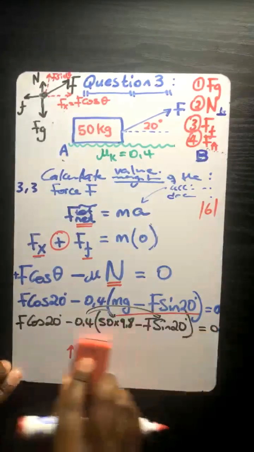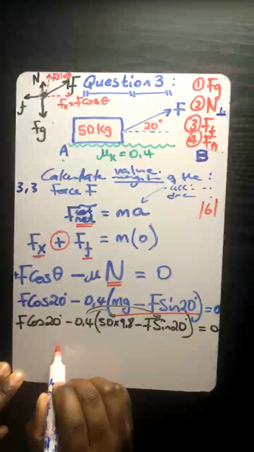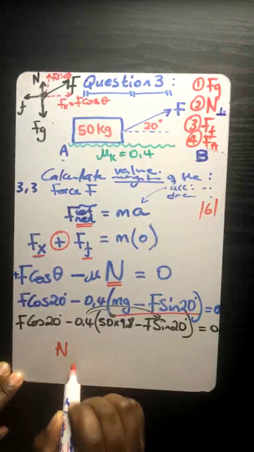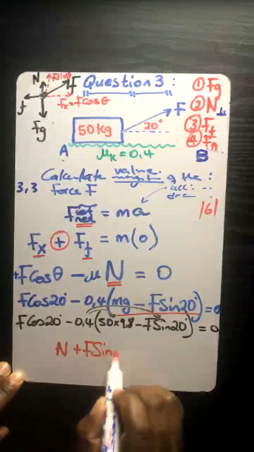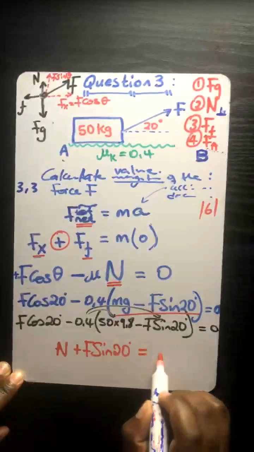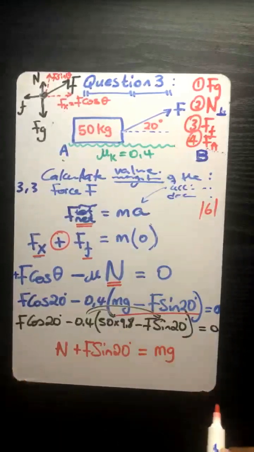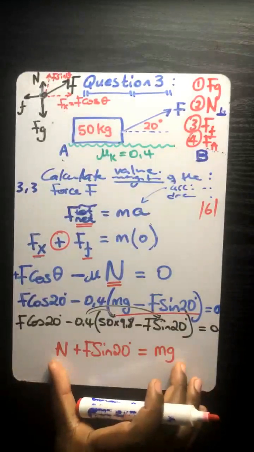So from that understanding, we know that normal force is in the upward direction, and we also have F sine 20 in the upward direction. It equals the downward force, which is mg. You remember this one? Yes, I remember that one.